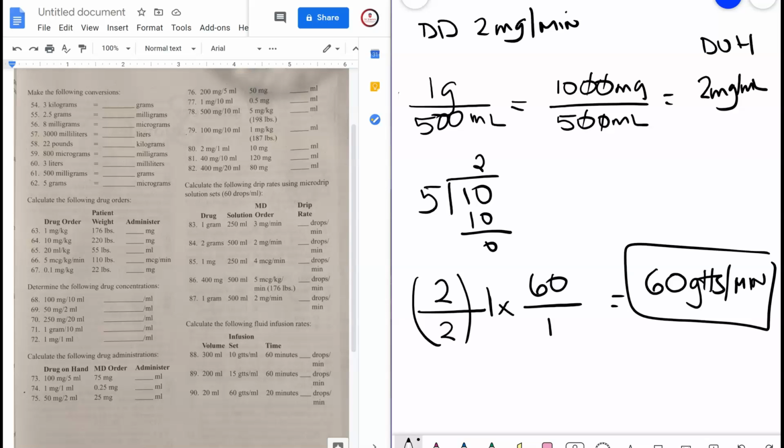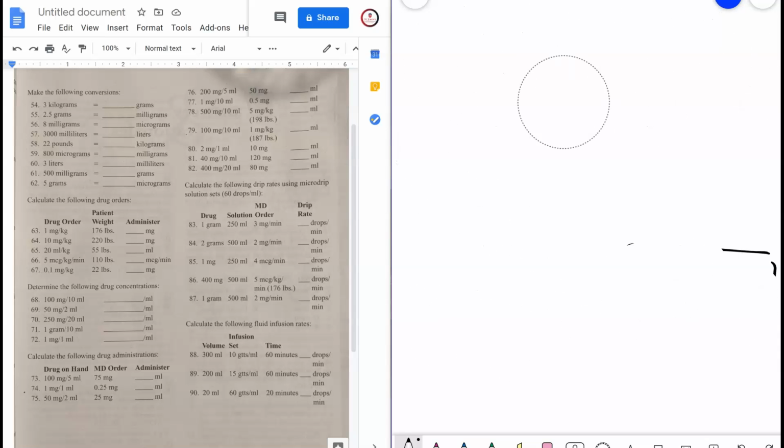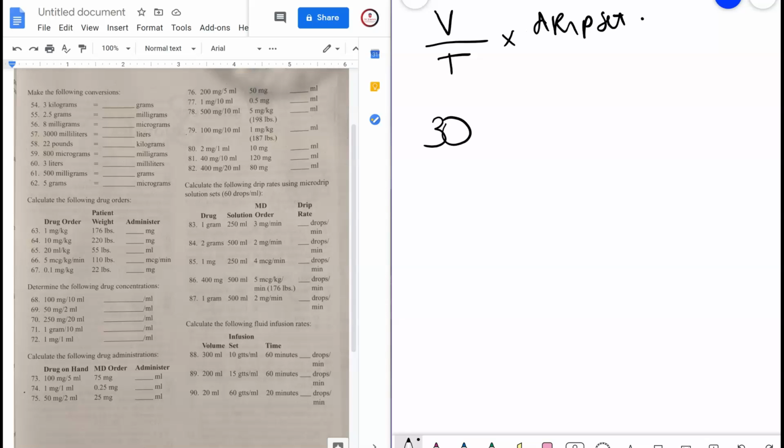Okay, so fluid infusion rates, right? So we just worked our way through our desired dose over dose on hand formula. When it tells you it's going to be a fluid infusion, that's volume over time times your drip set. Or I guess they're going to tell you what your drip set is. So first volume is 300.